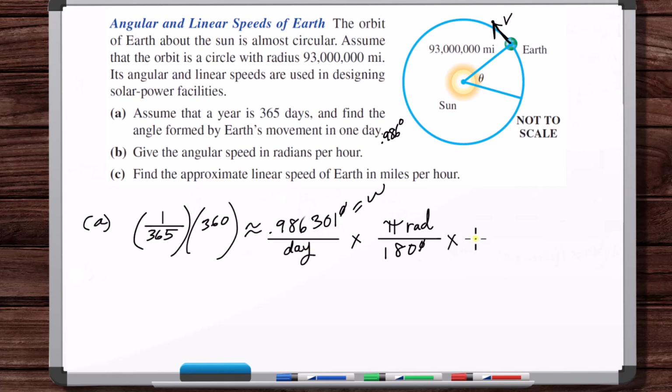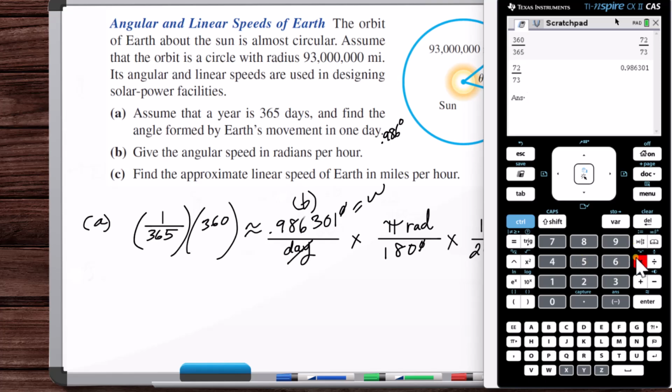How do we convert days to hours? Well, that's easy. We know that there's 24 hours in one day. Days cancel, and we're left with radians per hour. That's it. So this is part B we're working on here.